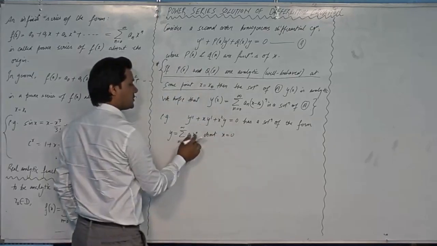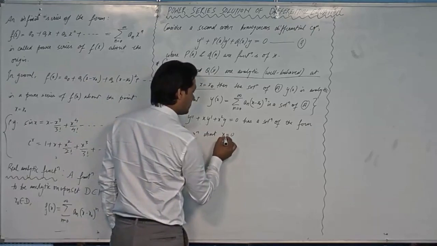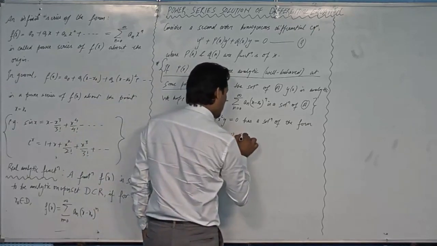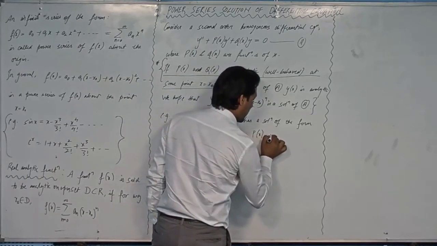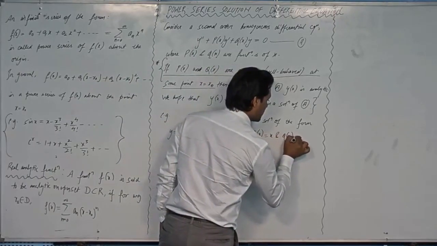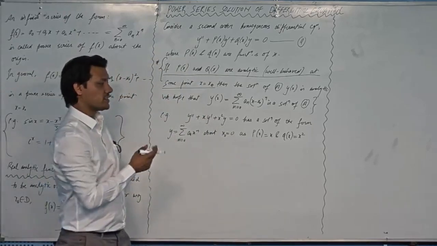You can see that this is x to the power n only, so I have taken x naught equal to 0, as the reason is that your p(x) is actually x and q(x) is x square. You can see that the coefficients of y dash and y are x and x square.